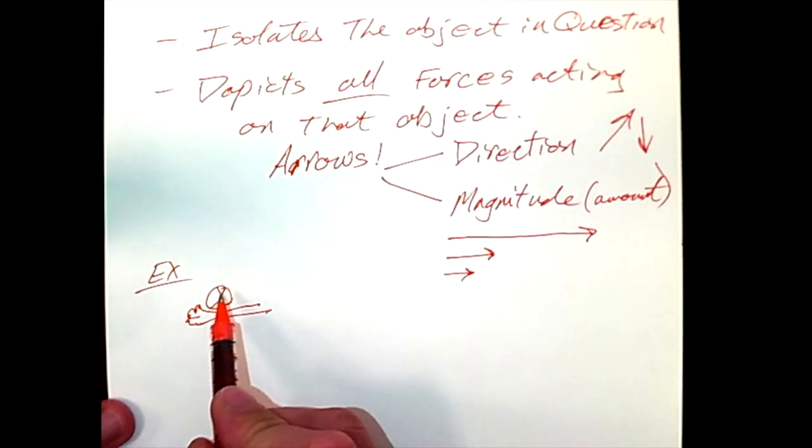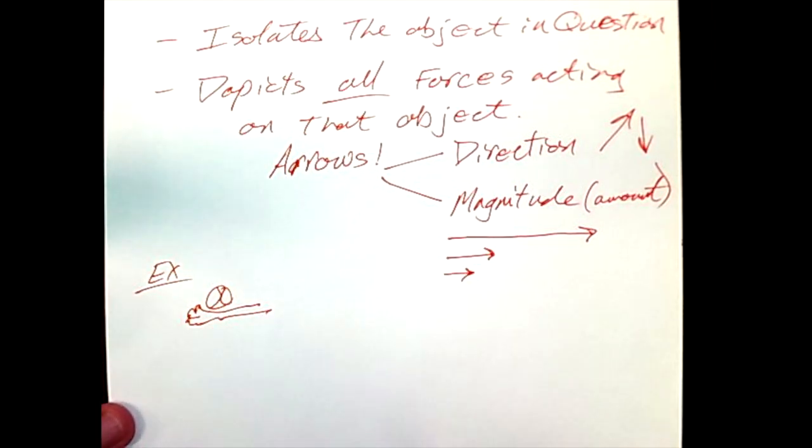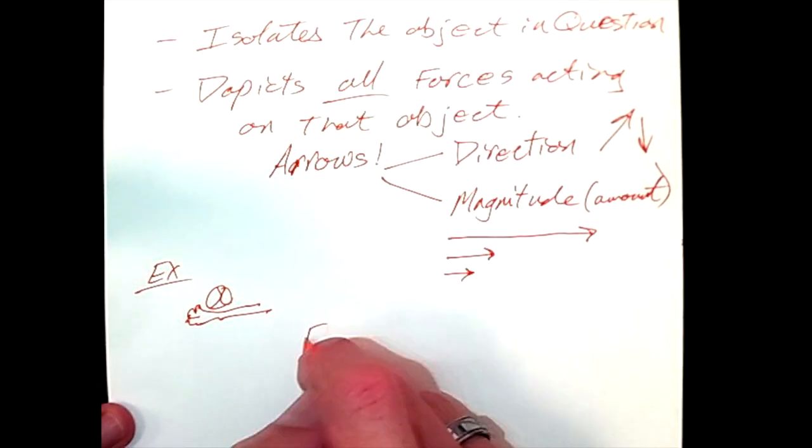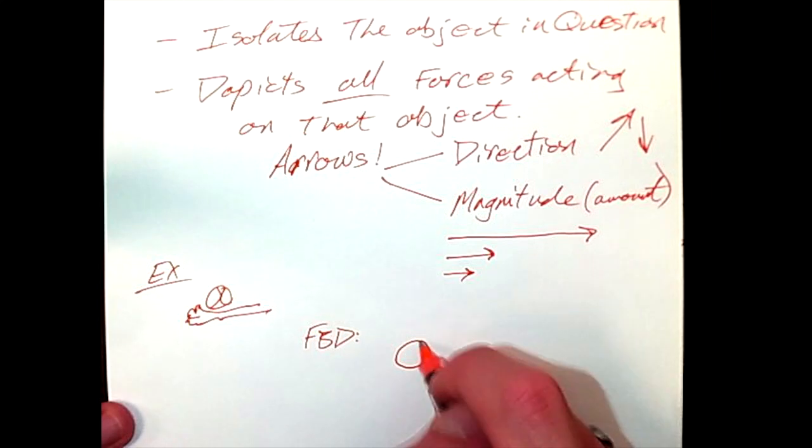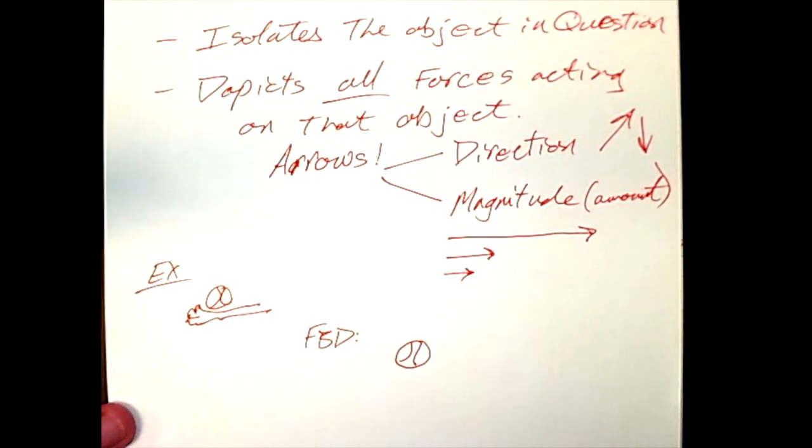If you are asked for a free body diagram of the baseball, then I'm going to separate and free up the baseball. So I'm looking simply at the baseball only. I recognize that in the real world scenario, the hand is there, things are touching and interacting, but when I draw the free body diagram, I isolate only the object in question. So looking at this baseball, when I'm labeling the forces, I'm careful to label all of them and think logically about the scenario.